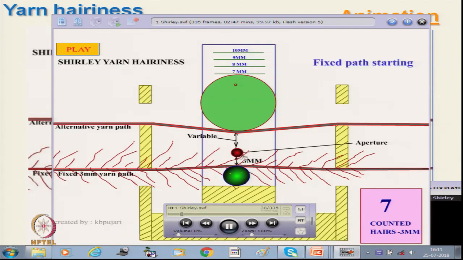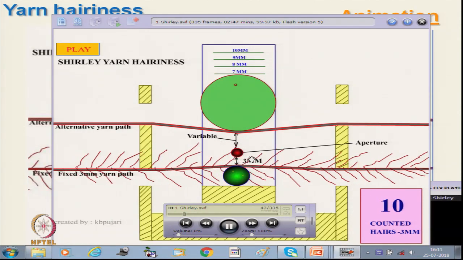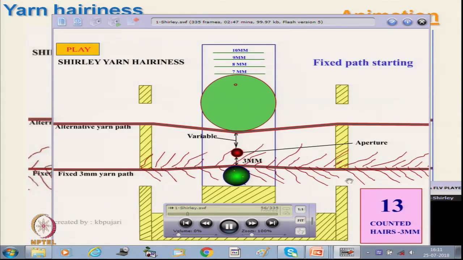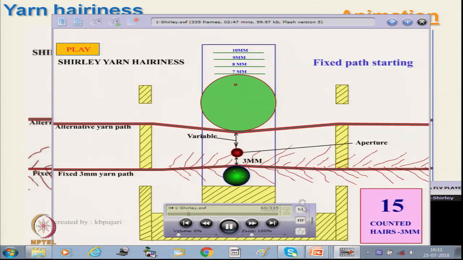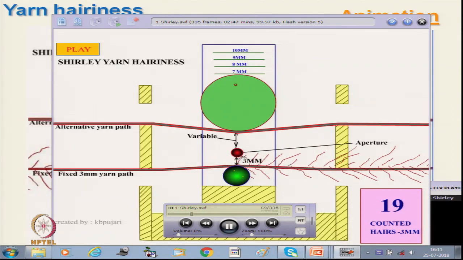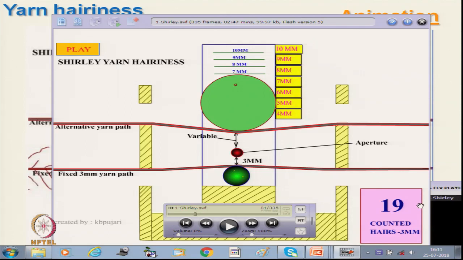Those obstructions coming under this aperture are counted, but you can see that it is not counting the hairs below or on the other side. So, for a certain length the counter shows 19. So, 19 hairs are more than 3 millimeter in length. That actually gives us an idea about the hairiness.